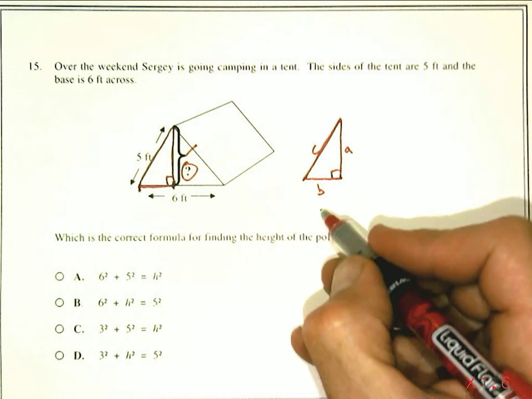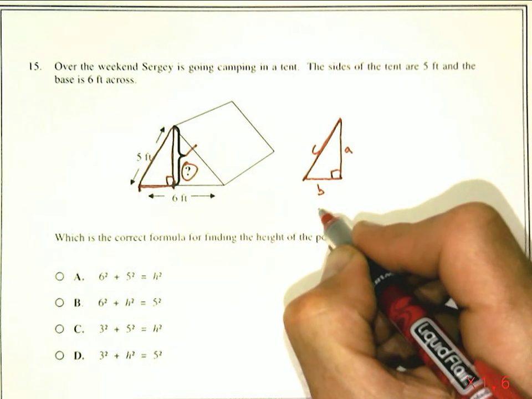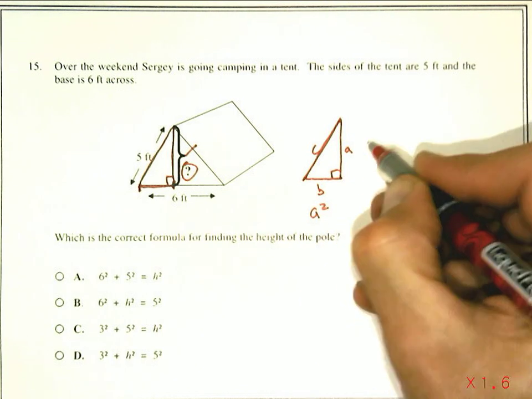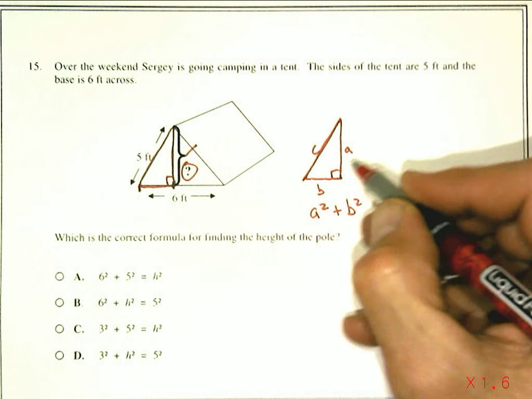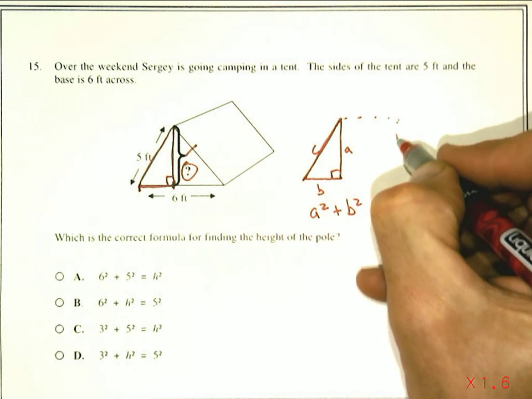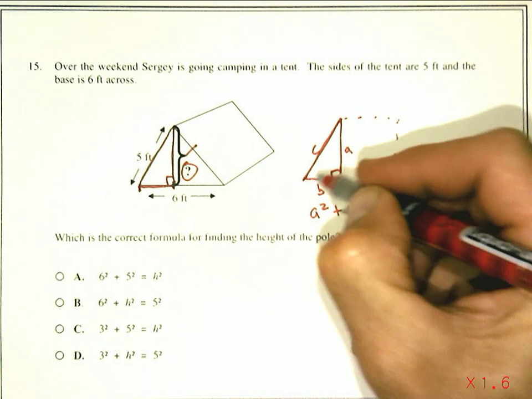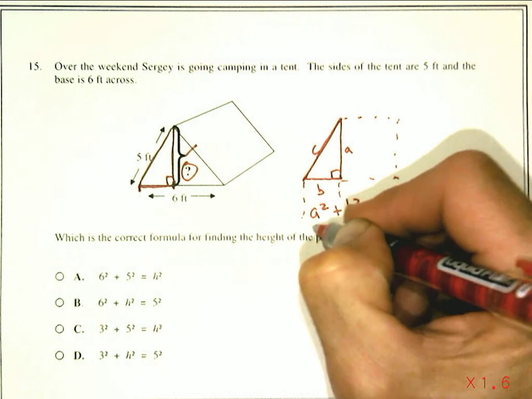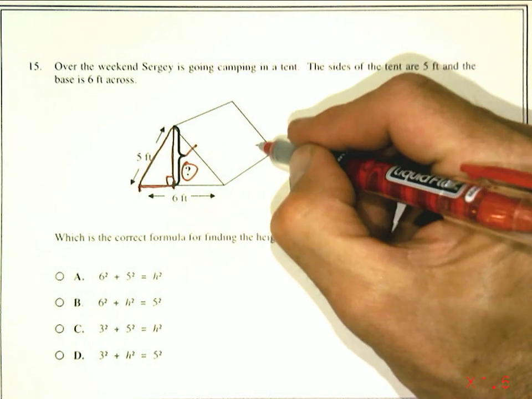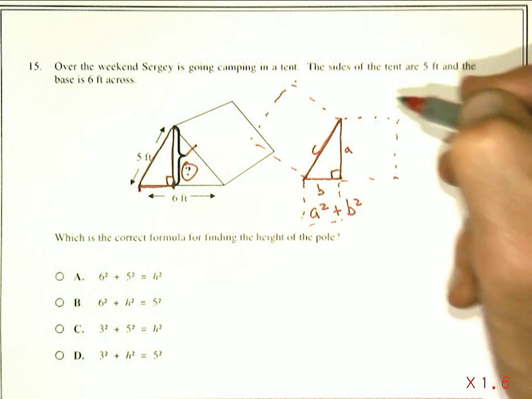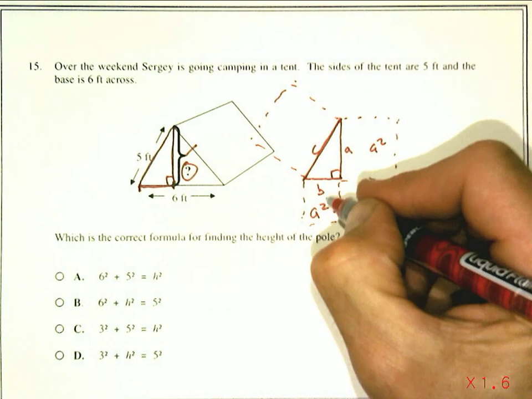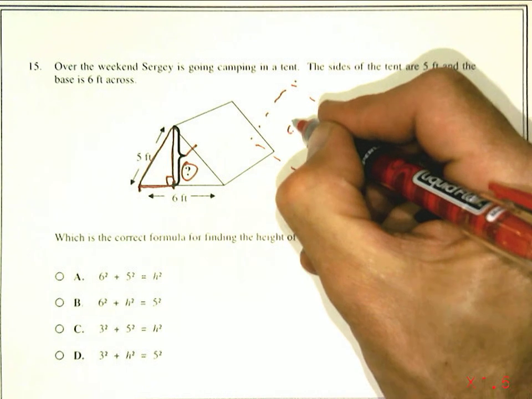If you remember the Pythagorean theorem, it says that A squared, if I square this, and I take B squared, this. So in other words, if I have a square over here, and I find its area, and I have a square over here, and I find its area, it's going to equal the area of the square off of the hypotenuse leg. So in other words, A squared plus B squared is going to equal C squared.